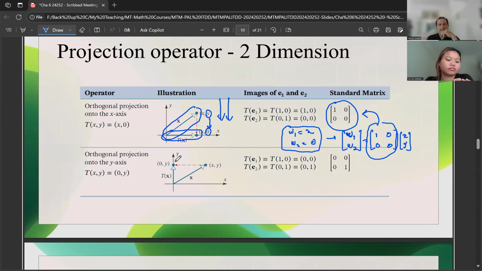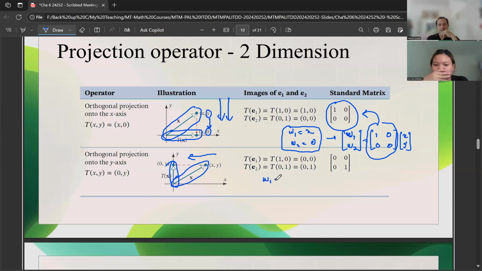Berarti sebaliknya, if we project the vectors, this is the original vector, if we project the vector to the y-axis, we have the result like this. Jadi sekarang justru yang W1 yang 0.